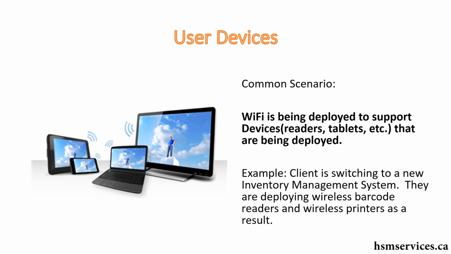So a common scenario is that the client is upgrading or installing a Wi-Fi network because they want to support new devices that are being deployed. For example, the client is switching to an inventory management system, and as a result they're buying barcode readers for their warehouse and wireless printers.